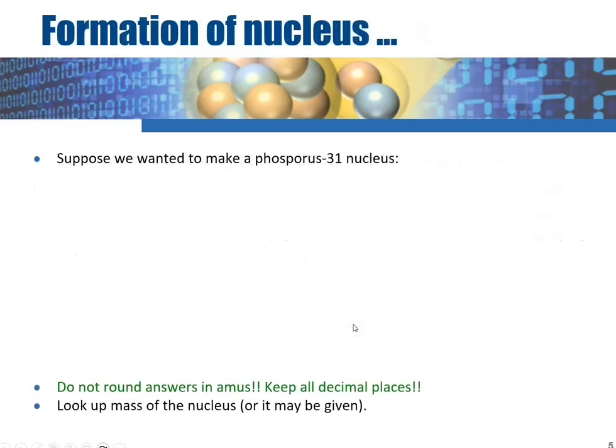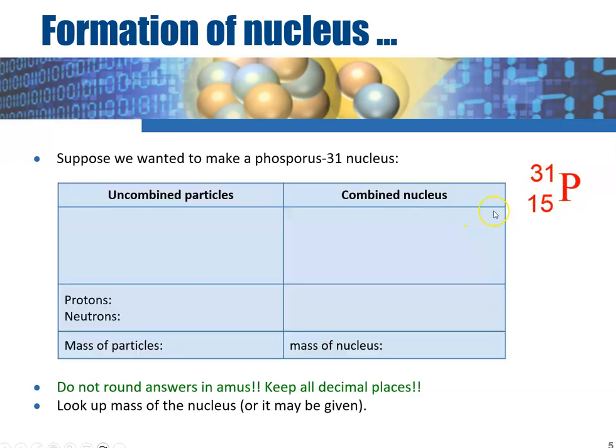All right, so let's talk about the formation of a nucleus. What if we wanted to make a phosphorus-31 nucleus? So phosphorus is number 15, so that looks like that. And in order for us to make a nucleus, I would have to go get 15 protons. So there's my 15 protons.